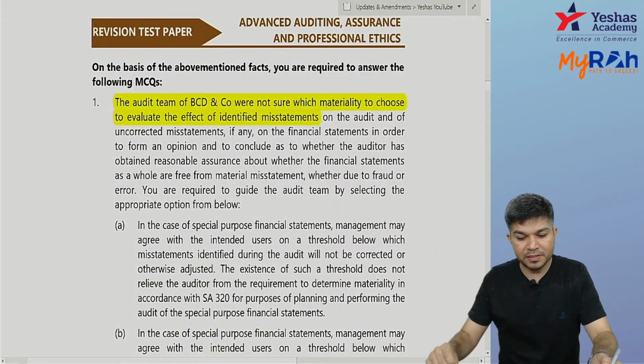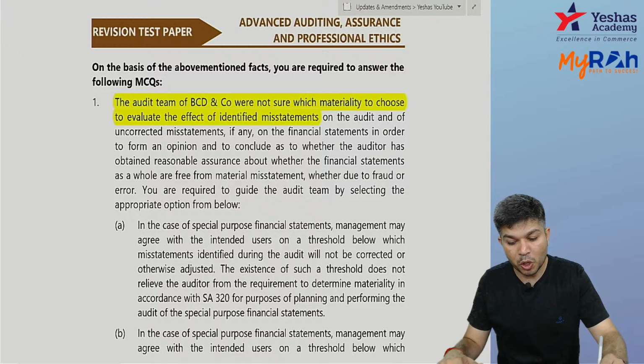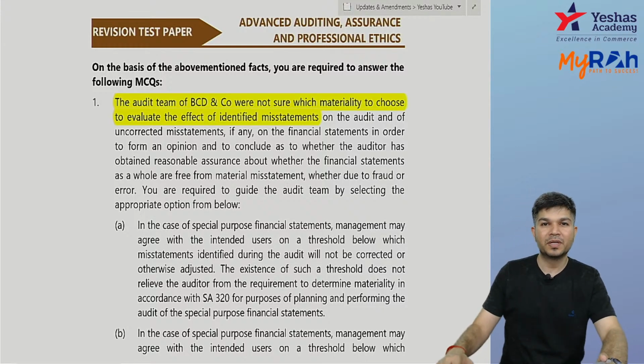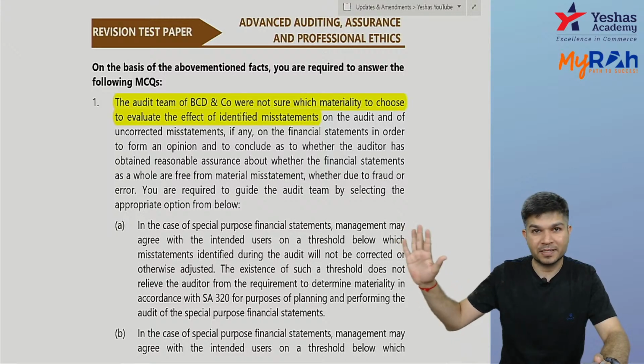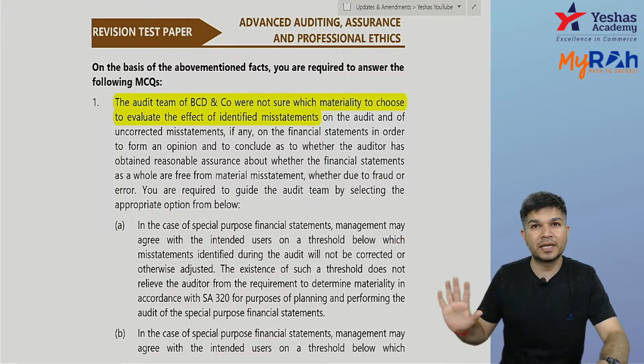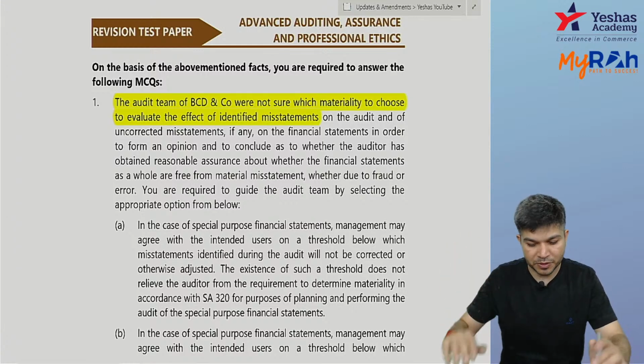Okay, moving ahead. Now, we are required to answer the MCQs. So, this was the case scenario given. Let's go to the MCQs. The audit team of BCD and Company were not sure which materiality level to choose to evaluate the effect of identified misstatements. I told you the level given in the contract, you consider whether to be corrected or not corrected. But you need to consider the requirement of SA 320 as well. So, see the options.